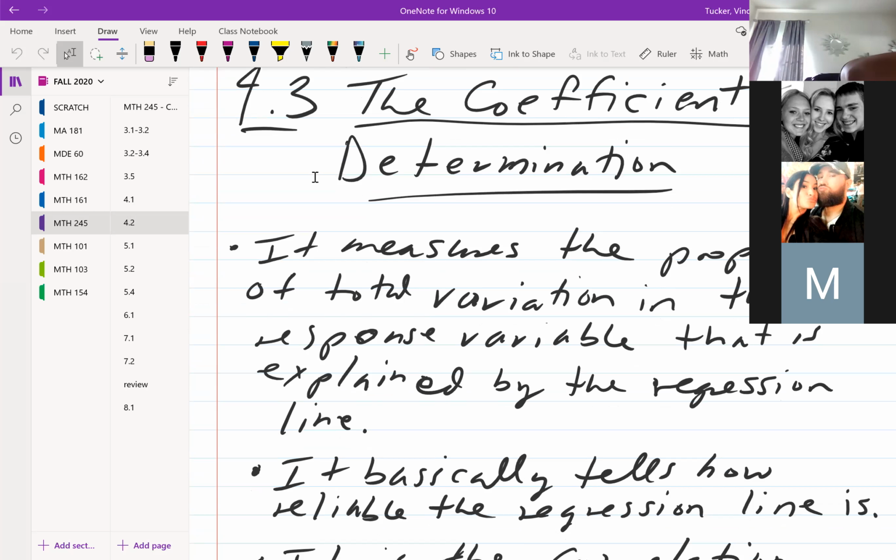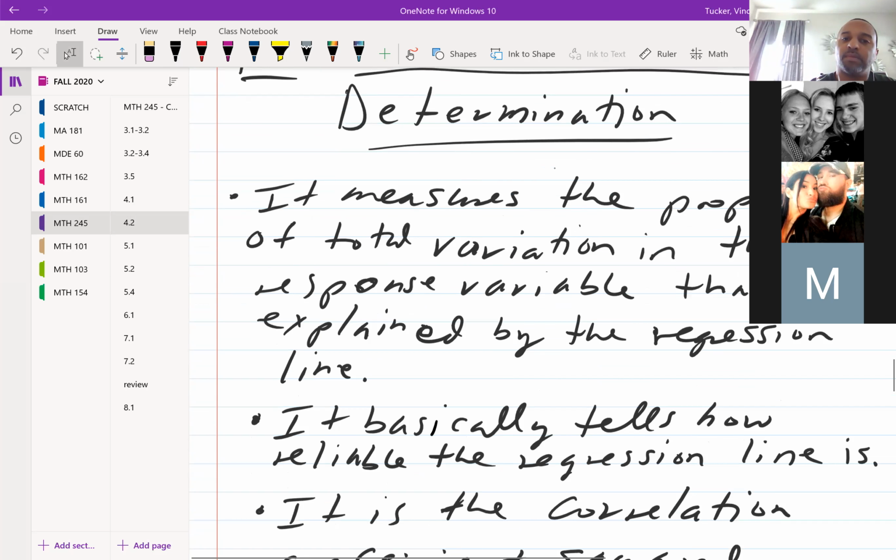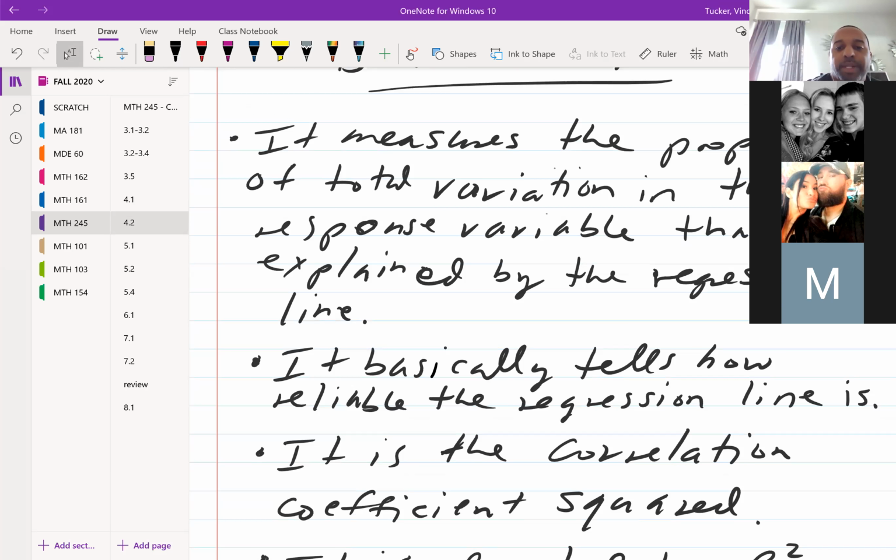That almost looked like an S, but that is an I. So it basically tells us how reliable our regression line is, and it is the correlation coefficient squared.